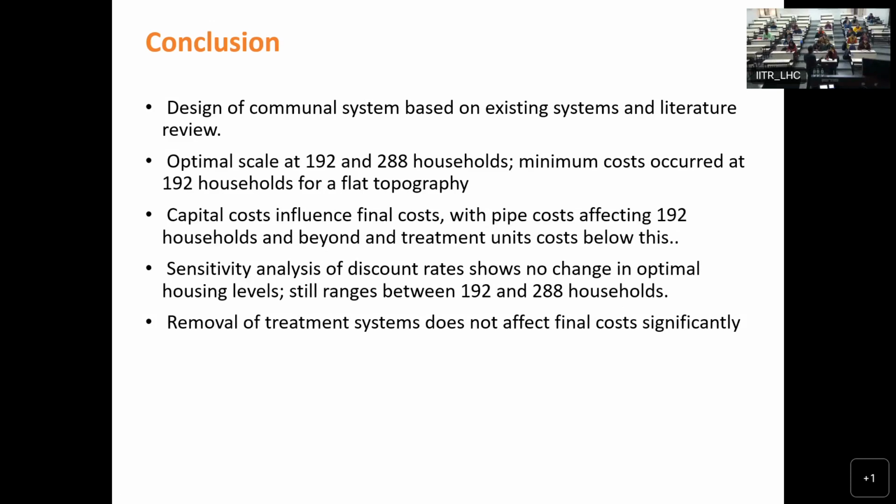Up to a certain limit the pipe dominates, while in another case the cost of the treatment part dominates. Sensitivity analysis of the discount rate shows no change in the optimal housing number, so it is just based on the pattern of the cost of different units.